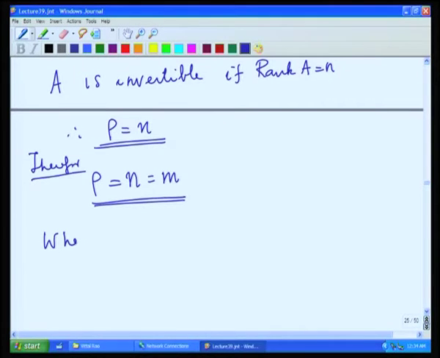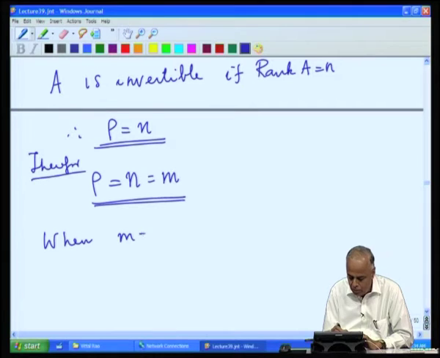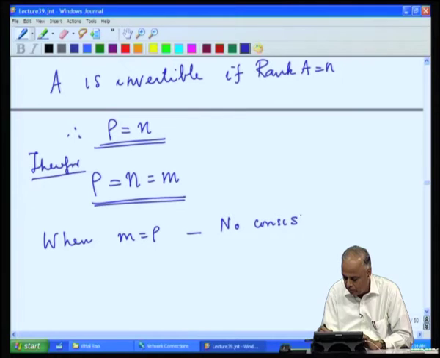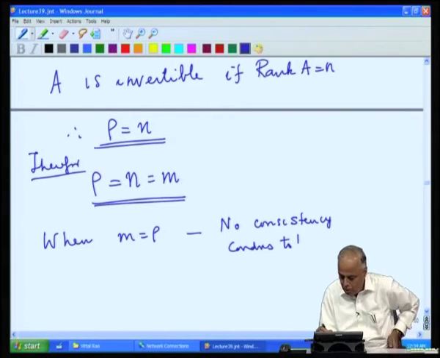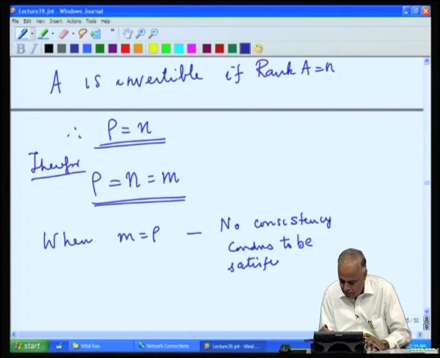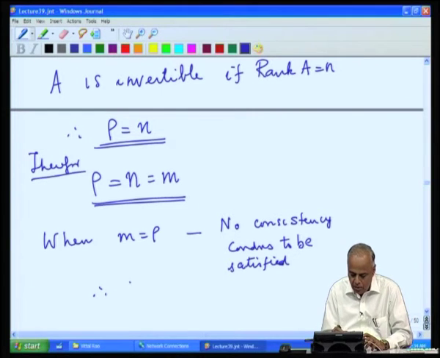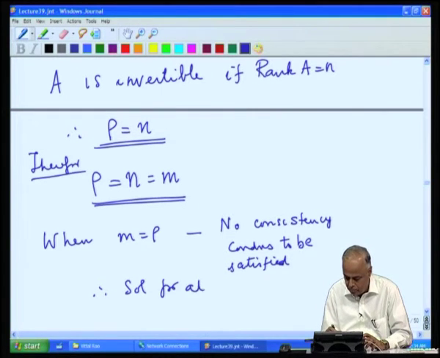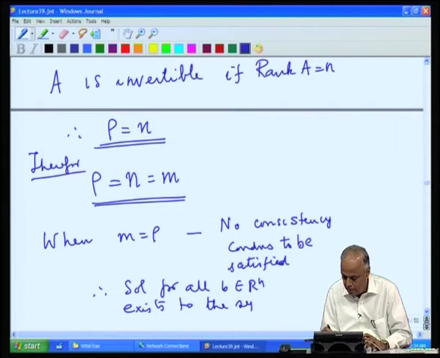Let us go through this carefully. When m equal to rho, there are no consistency conditions to be satisfied. Therefore, a solution for all b exists to the system Ax equal to b.